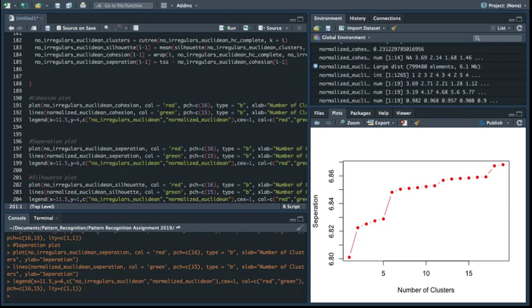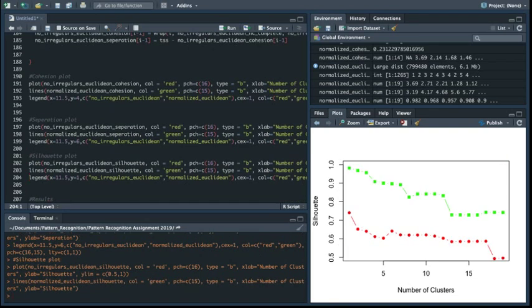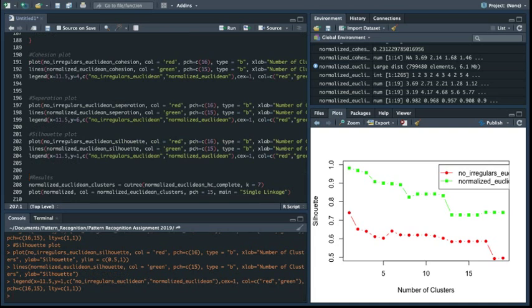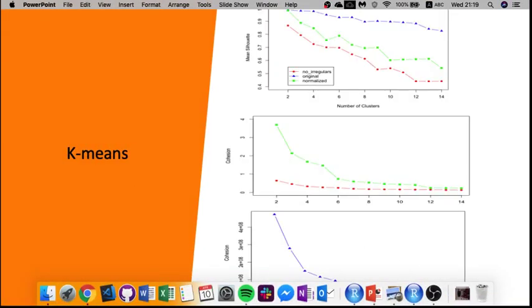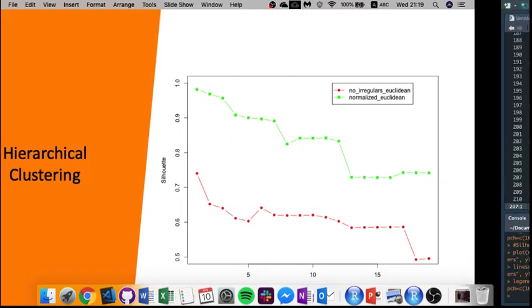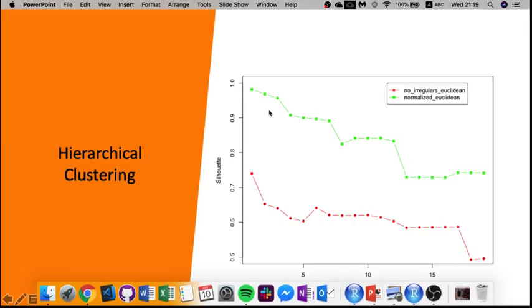So we can see here the silhouettes, and as you can see, again the normalized Euclidean one is the best, as it was for k-means. In k-means, we saw that the normalized dataset had the best silhouette. So it's the same thing with hierarchical clustering. We can see this diagram here in a bigger picture.